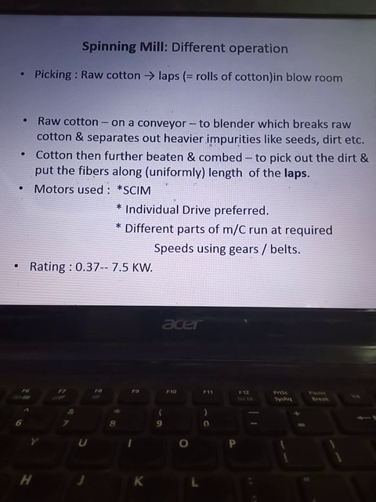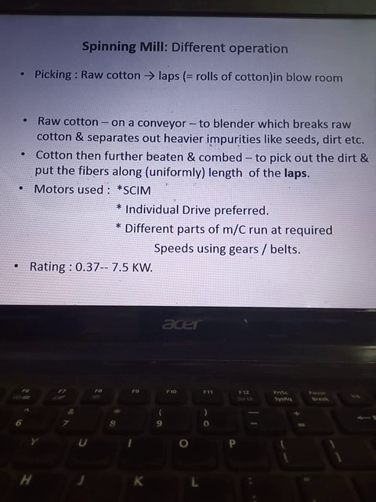That is why we cannot offer to have anything which creates a spark in this environment. Hence, 3-phase squirrel cage induction motor is used, because in the case of squirrel cage induction motor there is no physical contact as such, like brush and slip ring, and hence there is no possibility of spark. That is why we use a three-phase squirrel cage induction motor in this textile environment.